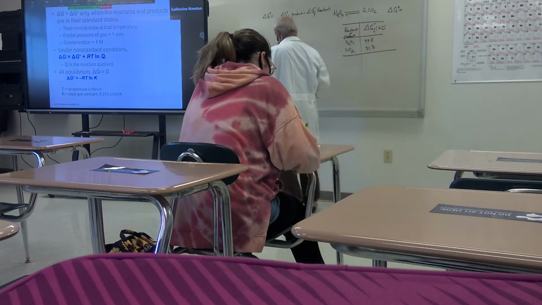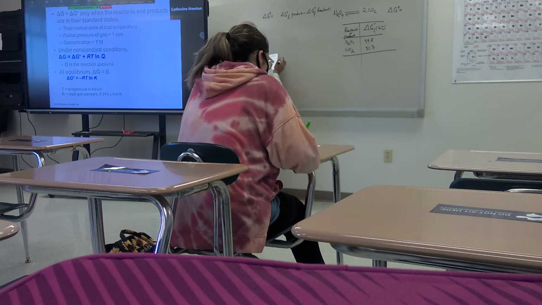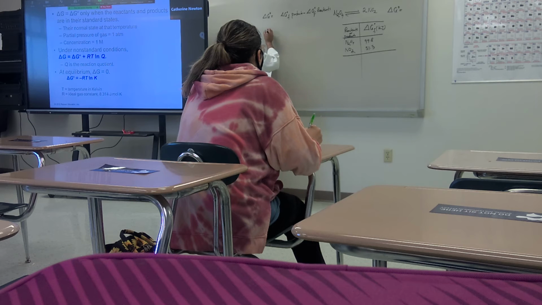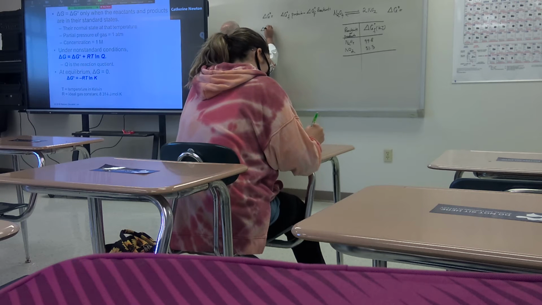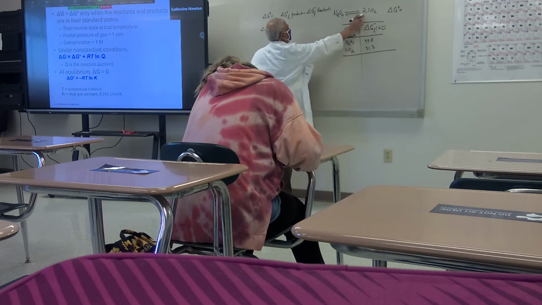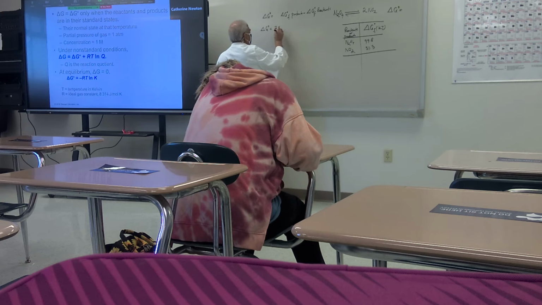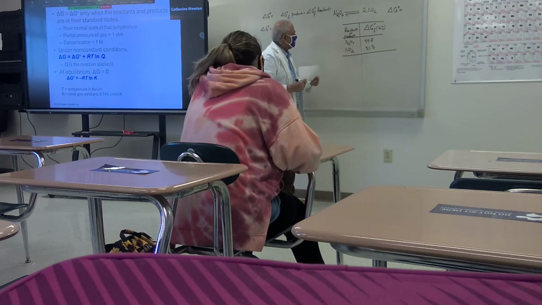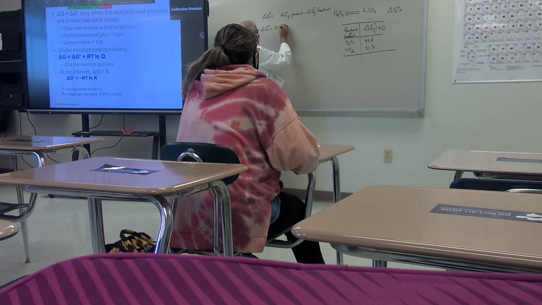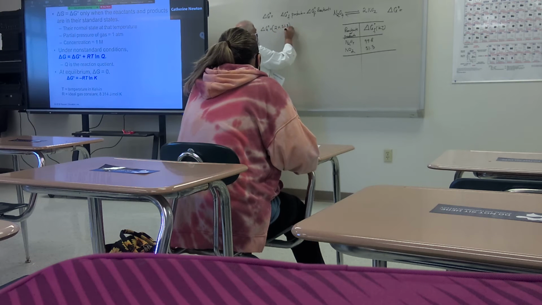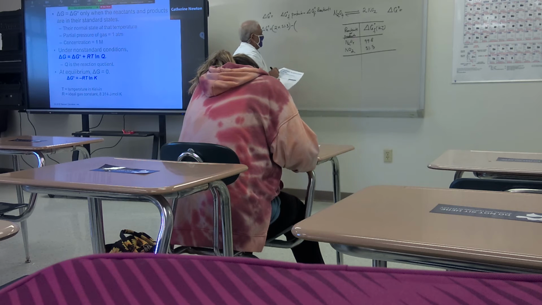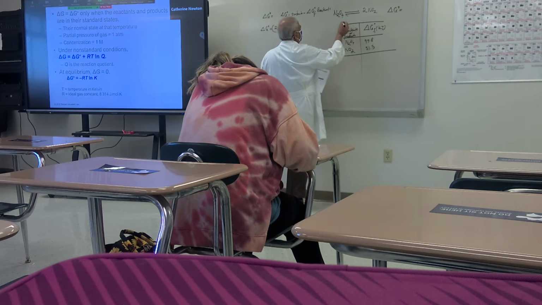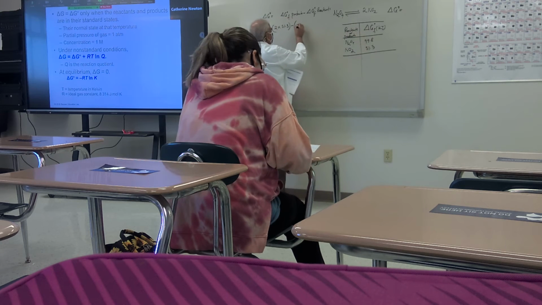Using this, for the products, 2 times. Delta G0 equals 2 times the Gibbs free energy of formation of NO2, 51.3, minus the Gibbs free energy of formation of the reactant N2O4, which is 99.8.